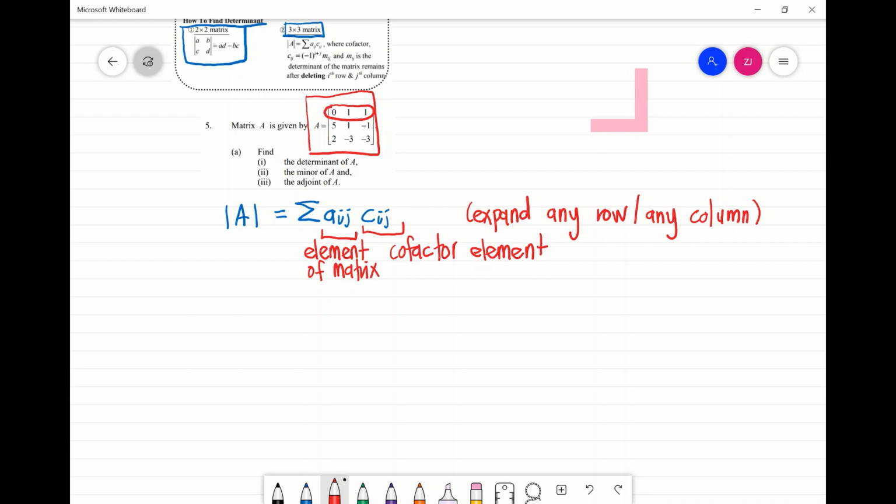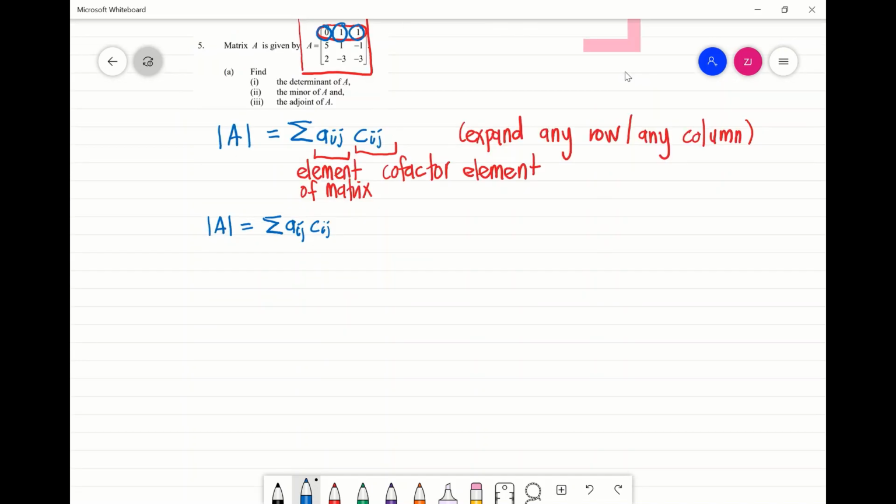So I'm going to use the formula. Determinant of A is the sum of Aij multiplied by Cij. We are going to expand the first row, so we write down by expanding first row: A11 C11 plus A12 C12 plus A13 times C13.